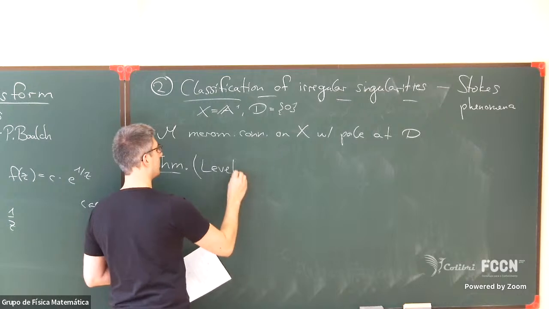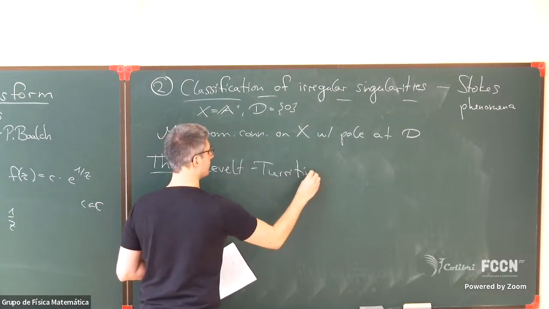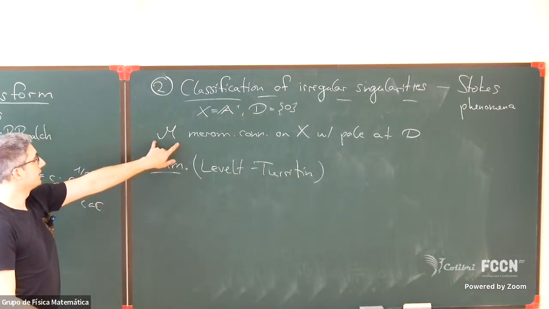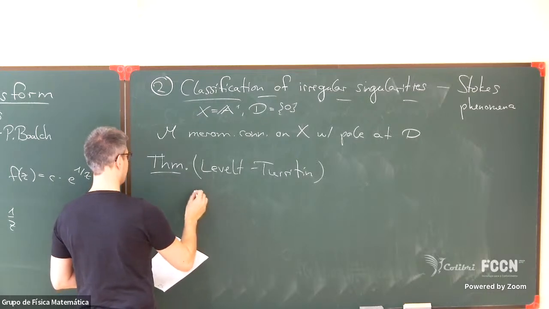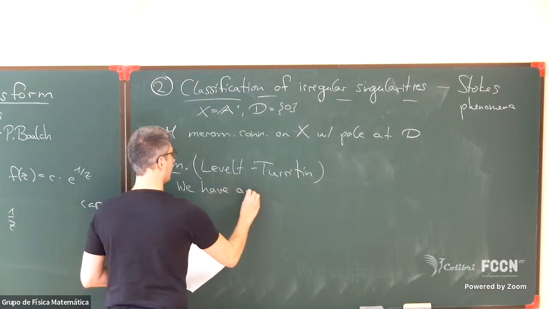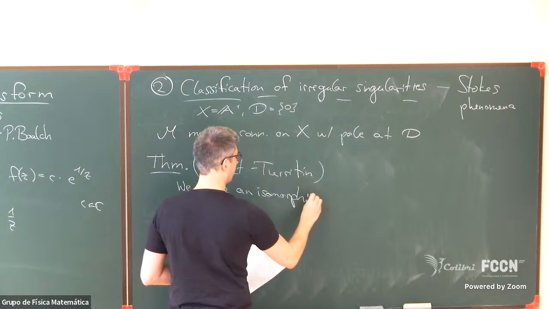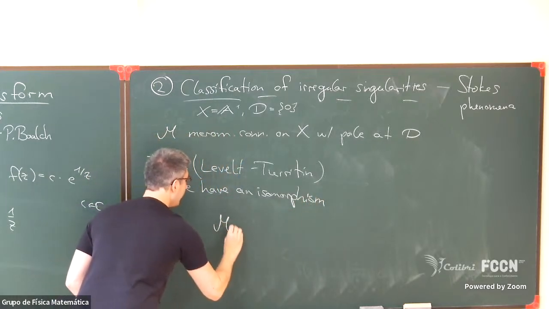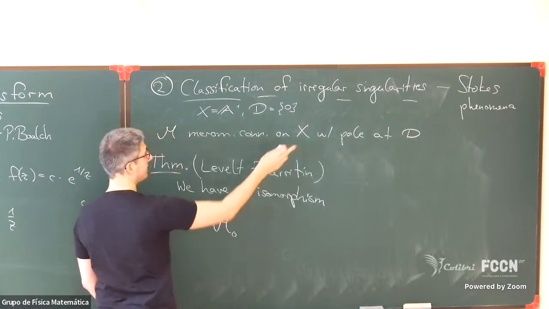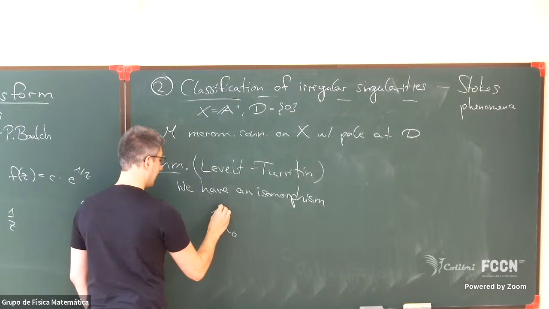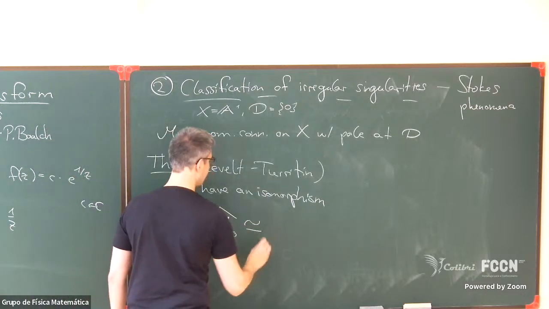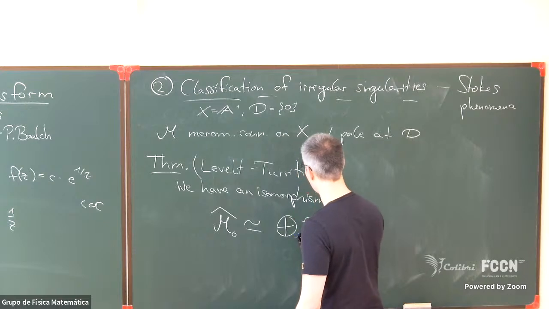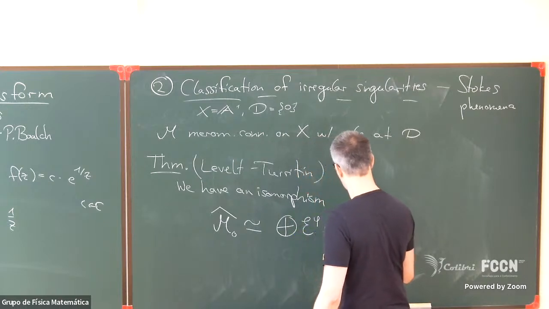So the first theorem is what we usually call the level 2 Turrittin theorem, which basically tells me that there are particularly nice formal solutions to this thing, which means in the formal language, if I take M at 0, the stalk at 0 if you want, and then formalize it, so I extend it to a module of formal power series, then formally it is isomorphic, and I will explain what all this means, to a formal module of this.